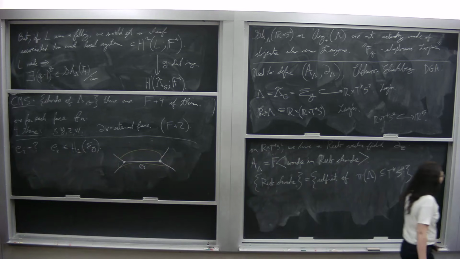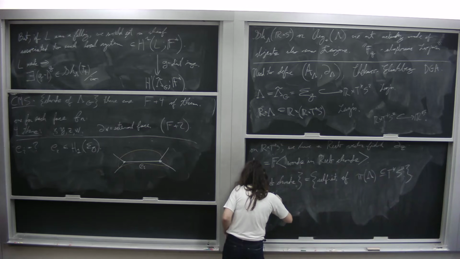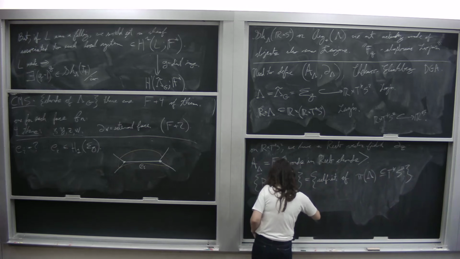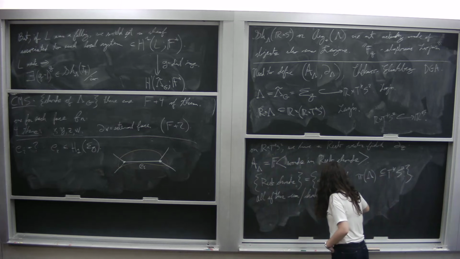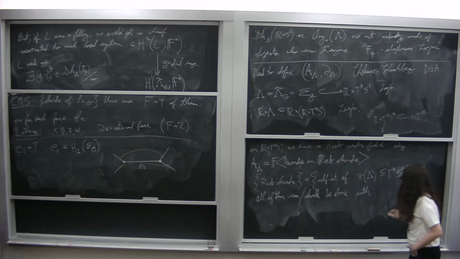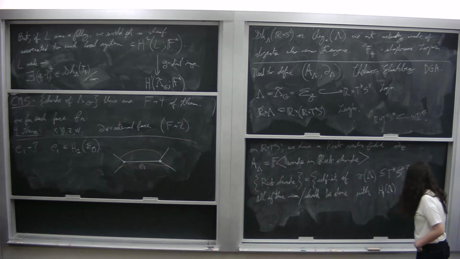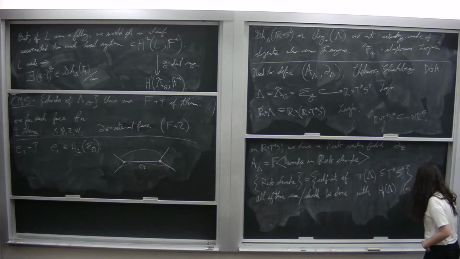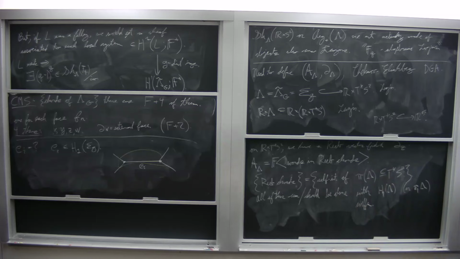And so the point now is that all of this either can, or even better, should be done with maybe h1 of lambda or even pi1 of lambda coefficients, because I have these curves anyway, right?